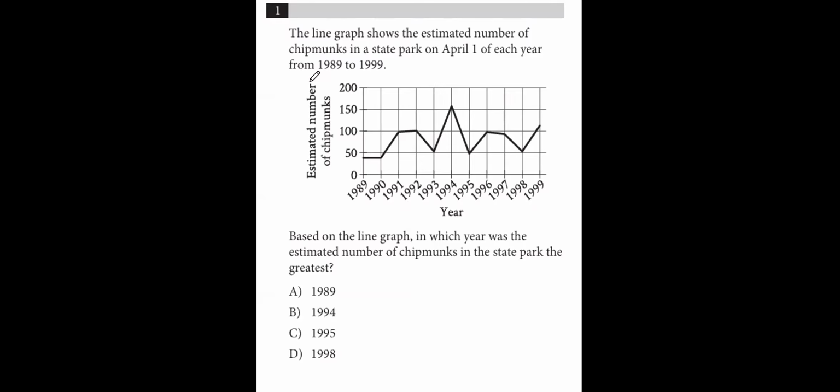So the estimated number of chipmunks is on the y-axis, and we have the year, so the greatest value is right here in 1994. Our answer choice B. Okay, question 2.